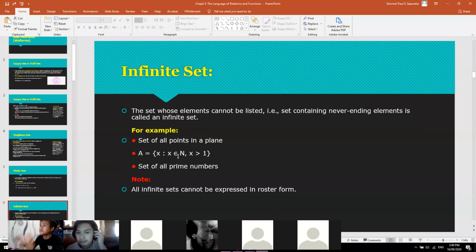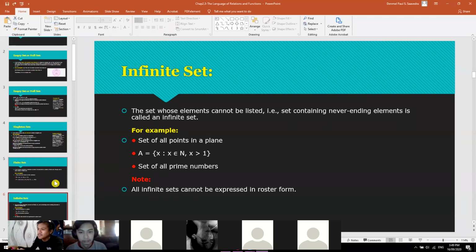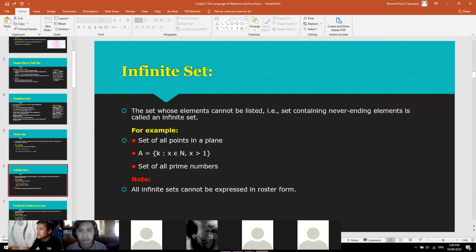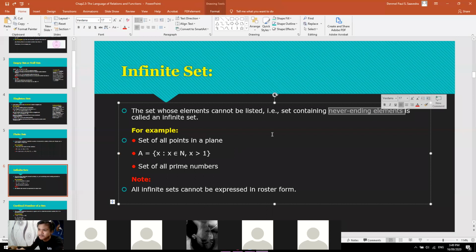So this is the complete opposite of finite. So when we say infinite, of course, you cannot list all the elements. It's infinite after all. You might be able to list it, but you'd use an ellipsis, which is not a legitimate finite set anymore, since you don't know when it will end. So I hope this one is super clear. When we say infinite, never-ending elements.